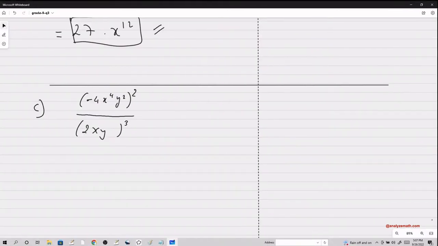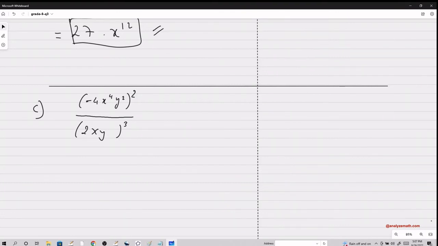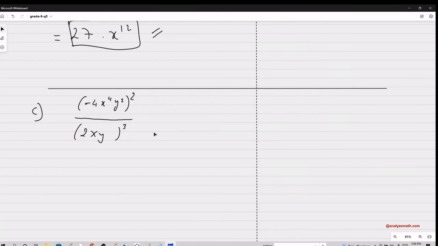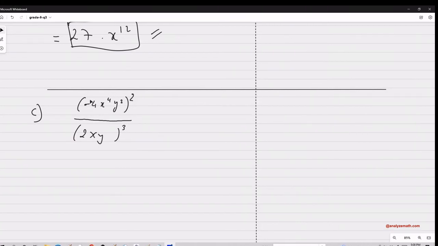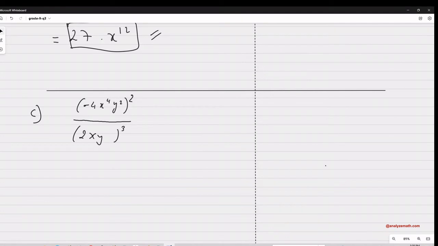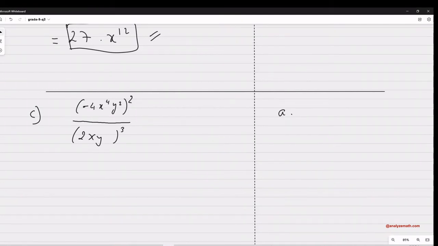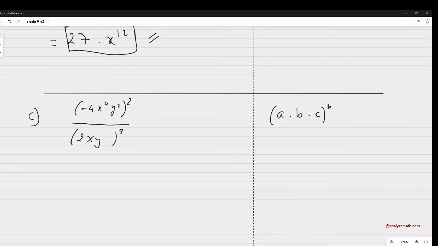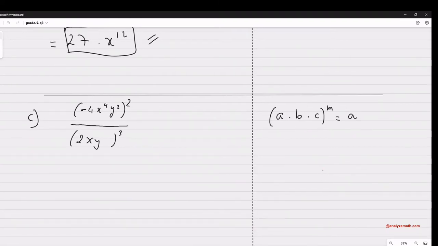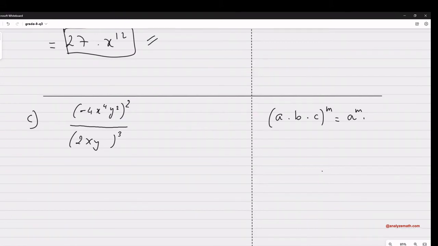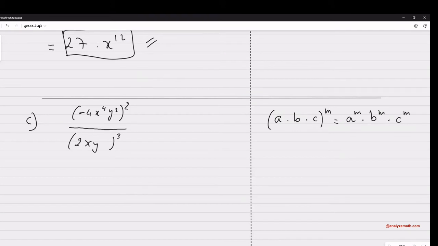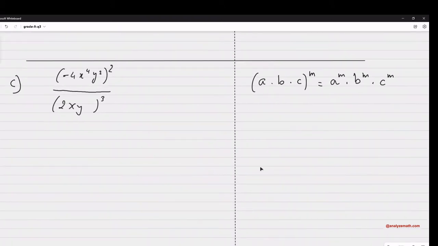We are now going to answer part C. Now before we do that, we notice that we have an expression inside to the power 2. Now here we are going to use the following rule. If I have a multiplied by b multiplied by c to the power m, I can split it and write it as a^m multiplied by b^m multiplied by c^m. So we are going to use it both in the numerator and the denominator.